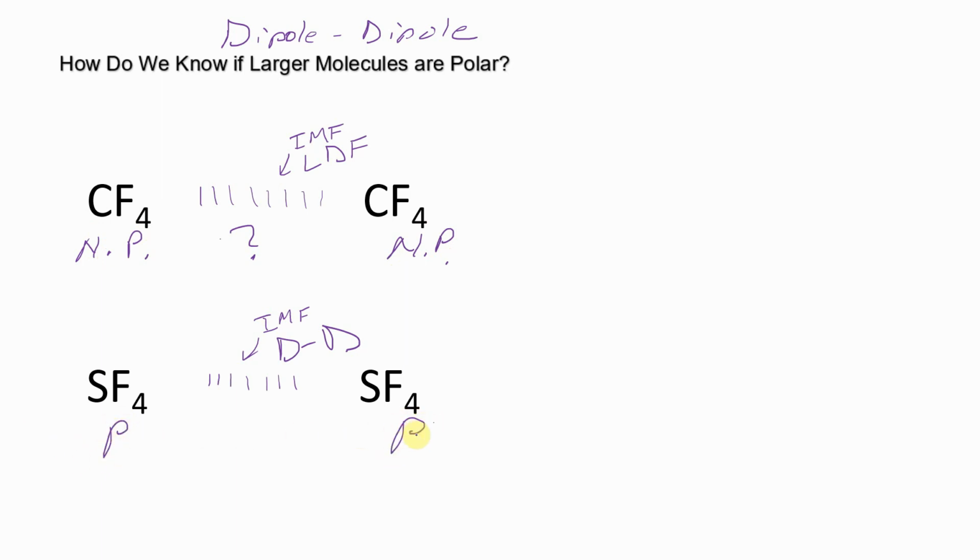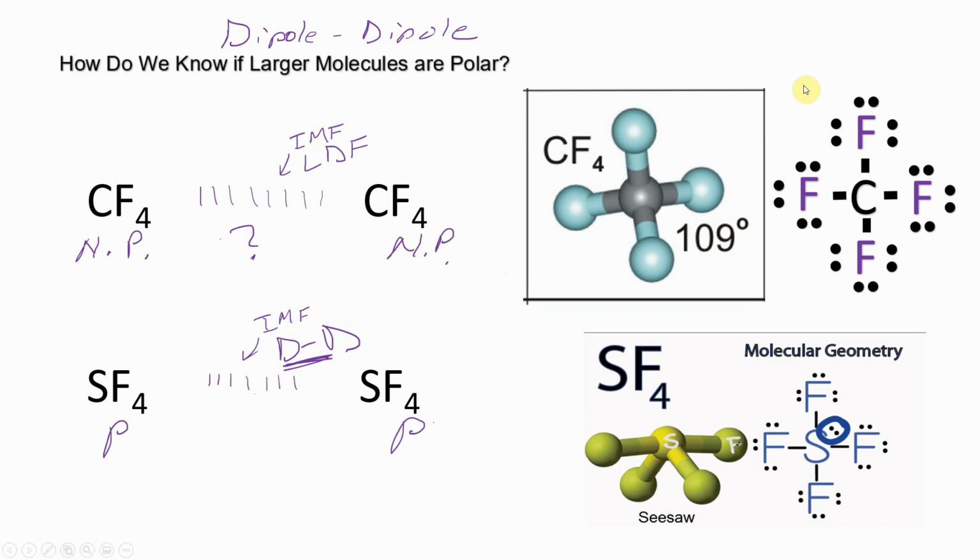Now, I think you know where we're going from here. In order to identify dipole-dipole interactions, which are significantly stronger than London dispersion forces, we're going to need to know if bigger molecules are polar. And in order to figure that out, we're going to need to be able to draw their Lewis structure and then use that Lewis structure to figure out the shape.